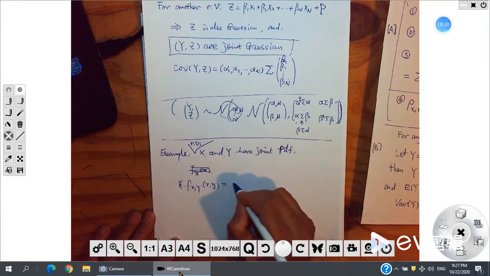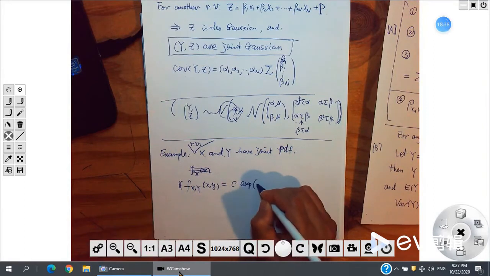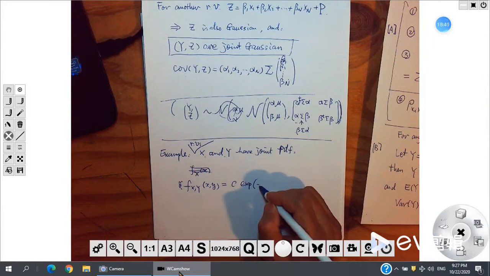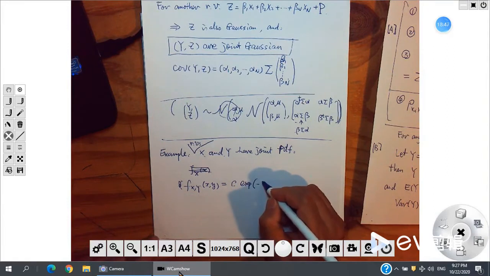Suppose I know this: it is some c times an exponential power. Here is a negative. Which number can I choose? Let me think about that.